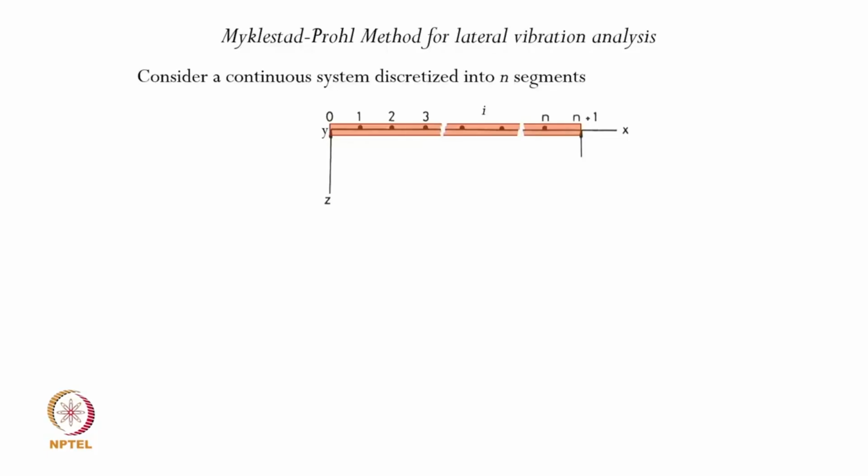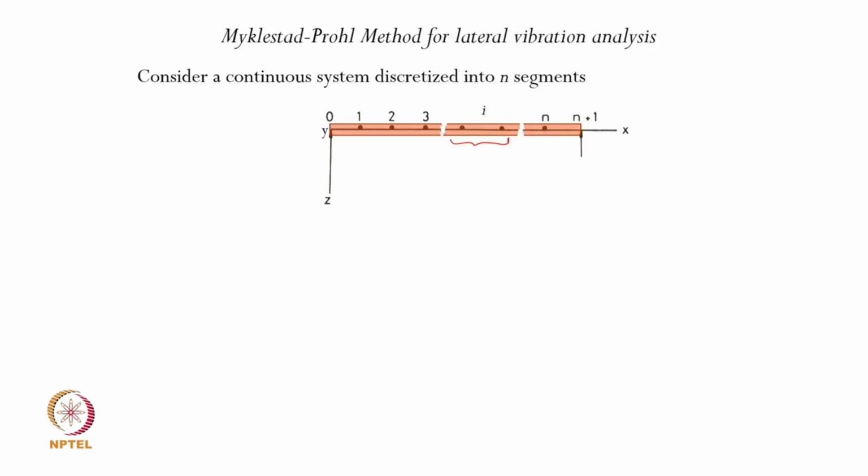So, we will now look at how the same discretization is implemented in solving a lateral vibration problem. We take a continuous system like a beam, in this case shown as you see, into n different segments, quite similar to what we did for the Holzer method, and so it is discretized into n plus 1 segments, and out of that we focus, let us say, on the ith segment, and then look at how the state vector on the right side is related to the left side of the segment.